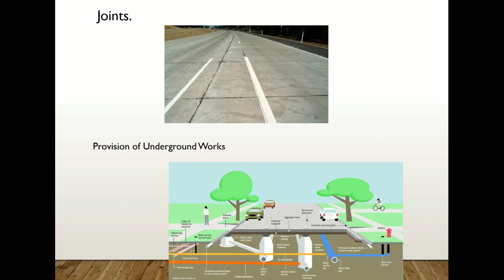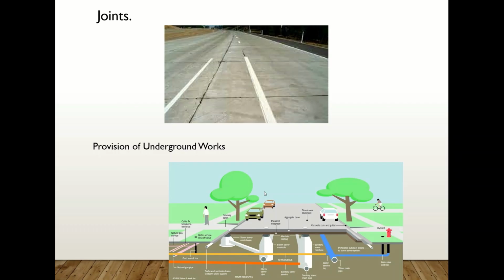But in rigid pavement it is very difficult because it is a concrete structure, so you can't remove and lay because it causes a loss of properties and may damage the entire slab portion. So the provision of underground works is easy in flexible pavement and difficult in rigid pavement.